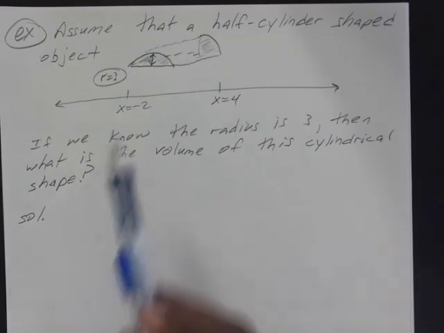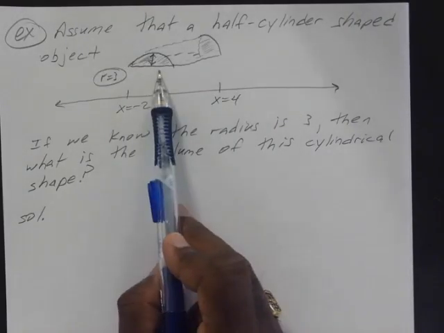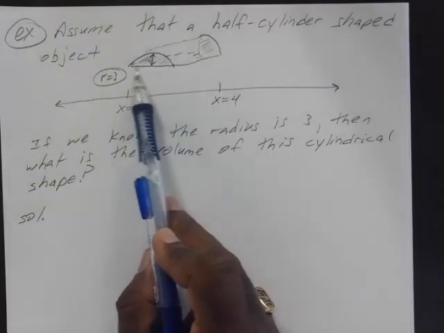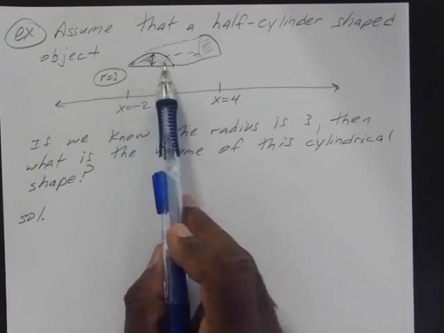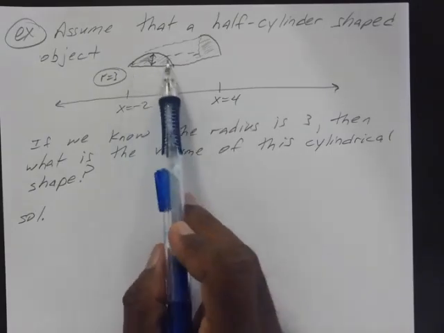Okay, so since it's a cylindrical shape, you see that this half cylinder, the cross-sectional area would just be this half a circle.